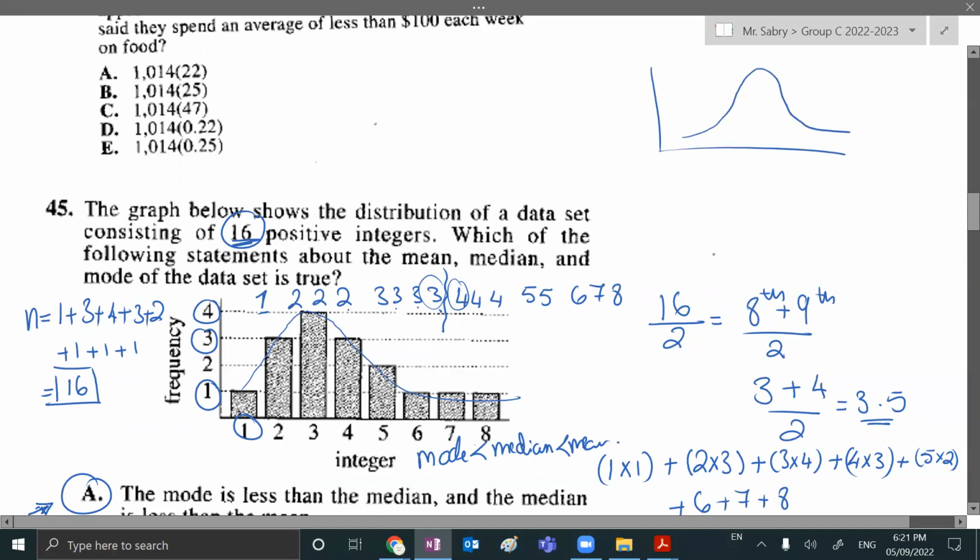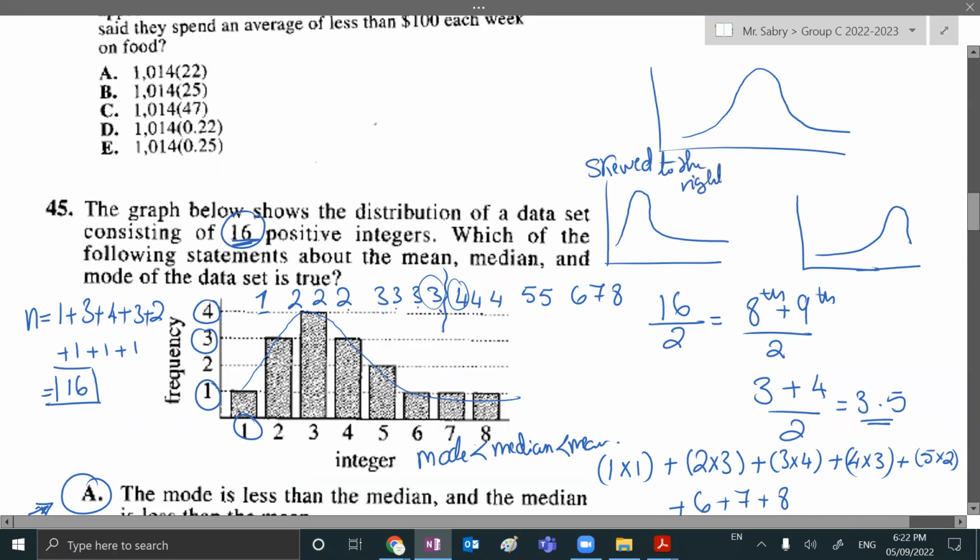In the 2 other cases, the peak could move to the left, or the peak could move to the right. This one is called skewed to the right, because skewed means pulled, so it's skewed to the right, that's the pull. This one is skewed to the left.